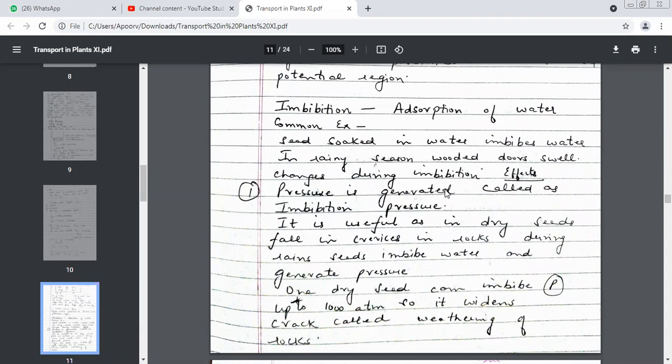What is the word I've written for imbibition? Absorption of water, not absorption. It is adsorption. So what is imbibition?